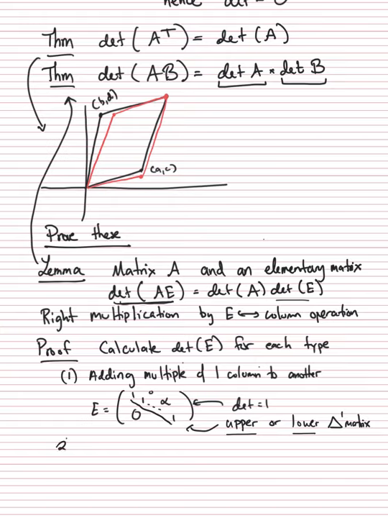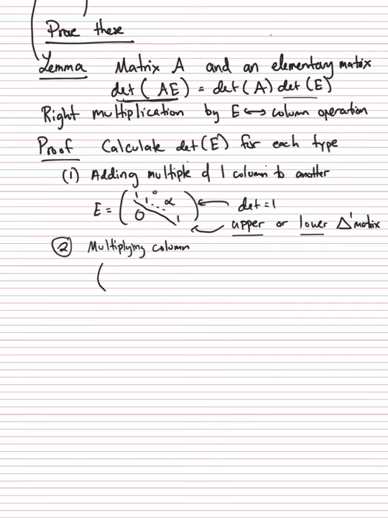The second one is multiplying a column. This corresponds to the elementary matrix with ones along the diagonal, one non-zero term alpha, and zeros everywhere else. This has the effect of multiplying the determinant by alpha, by one of our basic properties. The determinant of this matrix is alpha, so multiplying the matrix or multiplying the determinants has the exact same effect.